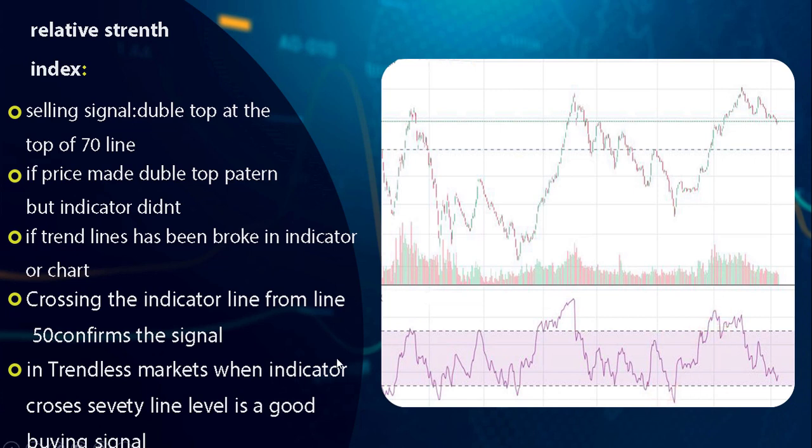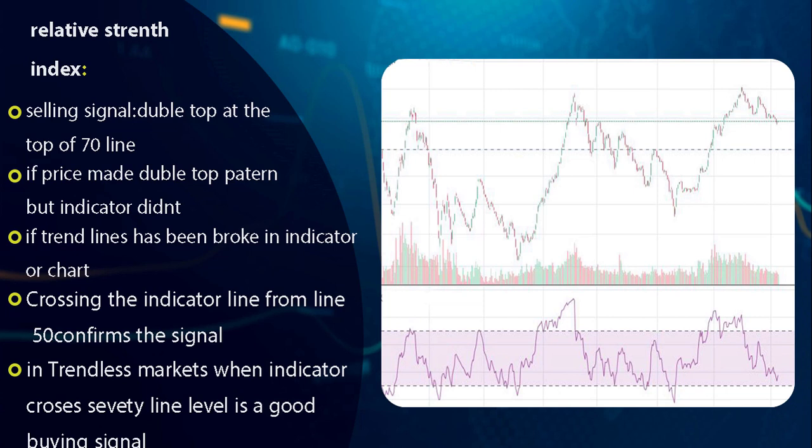the indicator line crosses the 50 line, this shows us a type of confirmation, I think.